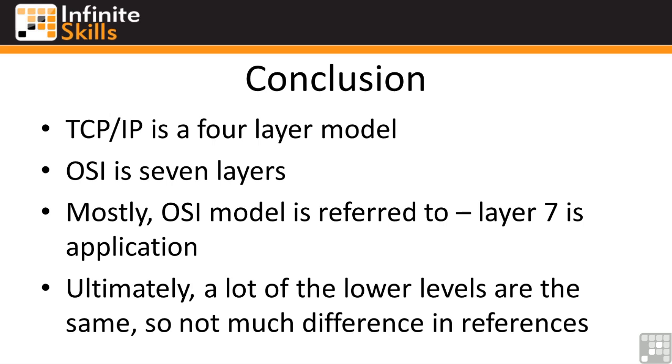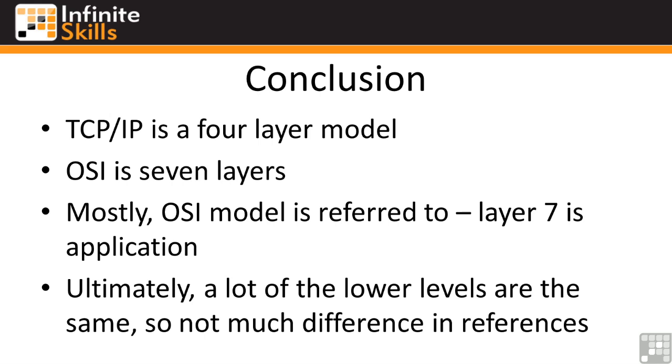Mostly when you hear people talk about the different layers in a network stack and they start talking about protocols and how they're broken apart and they refer to different layers, they're really referring to the OSI model. And the way you know that, for example, is that layer 7 is the application layer, and the OSI model is the only model that has the 7 layers.